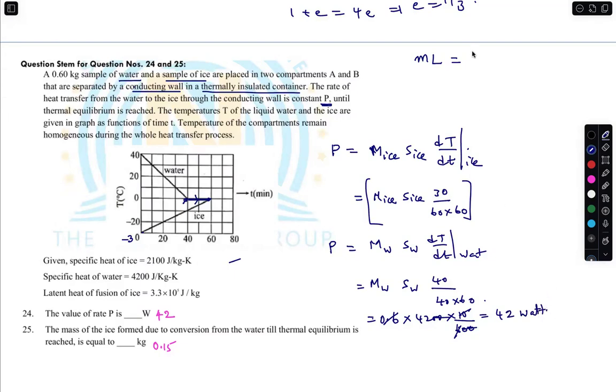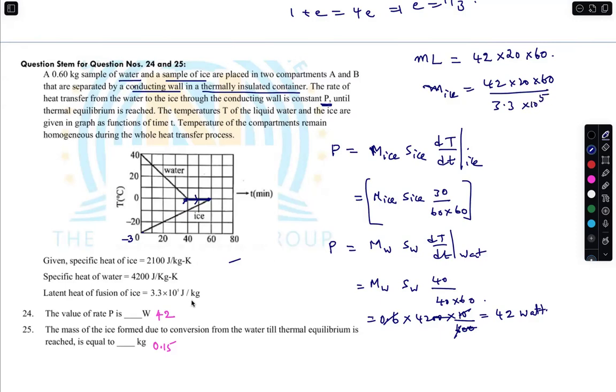Now in this case, 42 watt is a constant power for 20 minutes. 20 into 60. By solving which you will get M. M is in fact 42 into 20 into 60 by L. L is 3.3 into 10 to the power of 5.